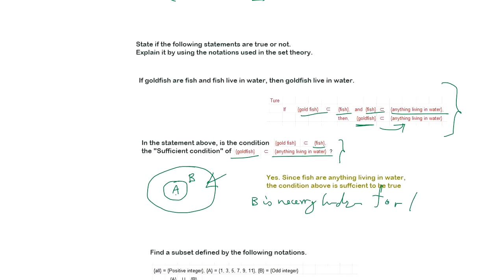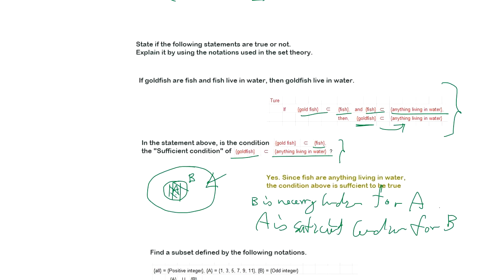for A, and A is a sufficient condition for B. Because if A, for sure it belongs to B, right?